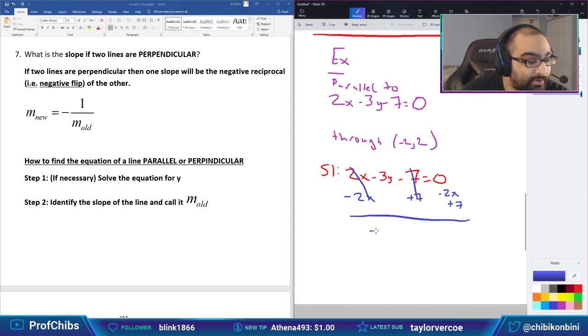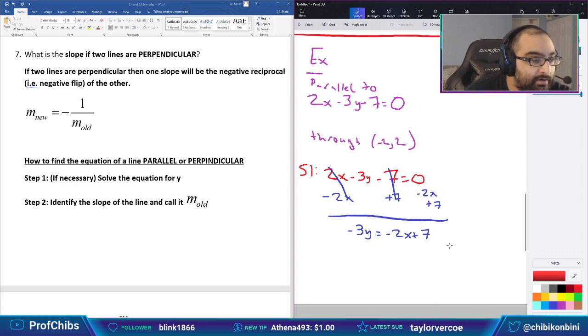All right, so we're going to have minus 3y here. Now, be very careful about this, okay? Make a note about this really fast. On the right side, we indeed get minus 2x plus 7. That part is easy to see. Be very careful about watching out for that sign. Watch out for signs here. Really important, okay? It's the biggest trip up in this problem, right at this first step: I indeed have minus 3y here.